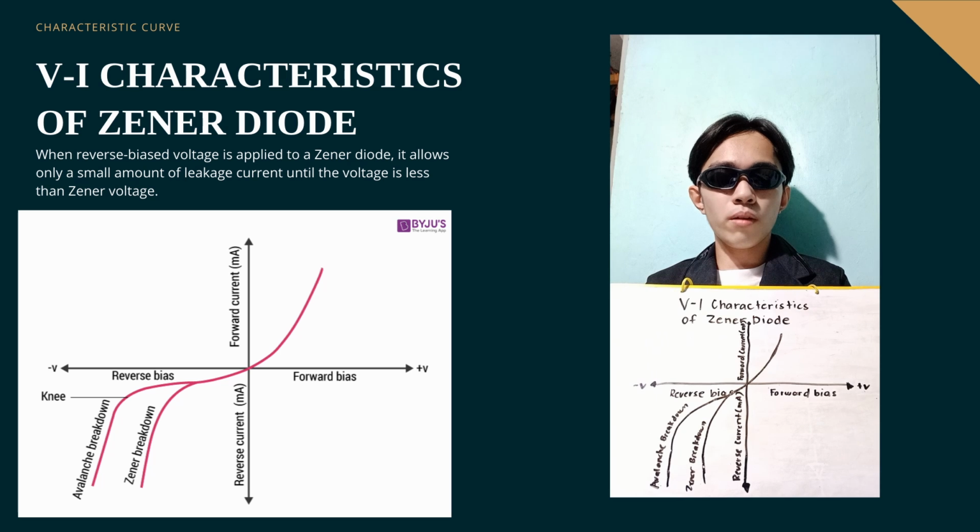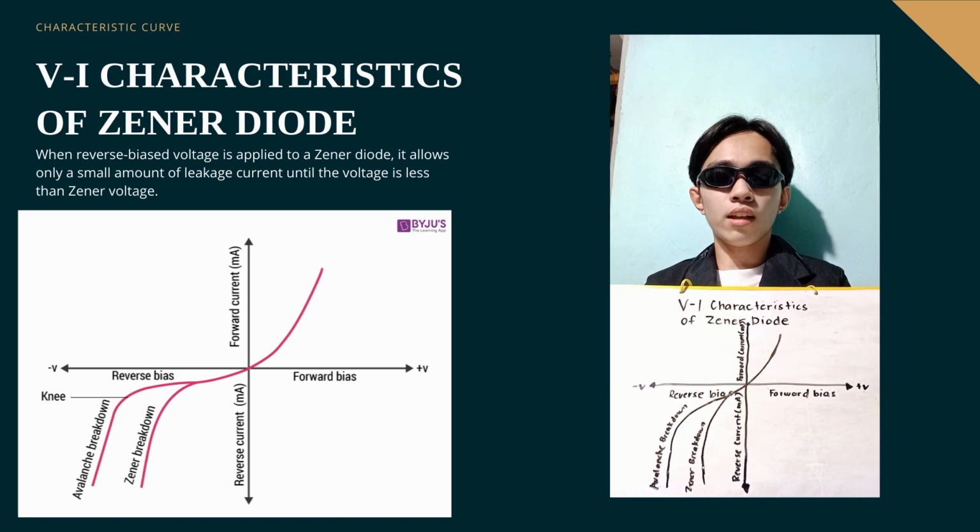At kapag forward bias, it works similar to the PN junction diode. It has a bias voltage between 0.3 and 0.7 volts. It has the forward bias characteristics which is represented in the first quadrant of the VI characteristics.